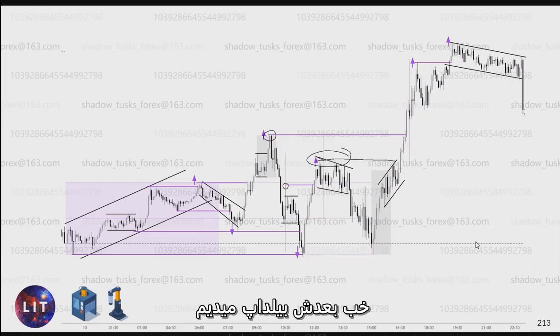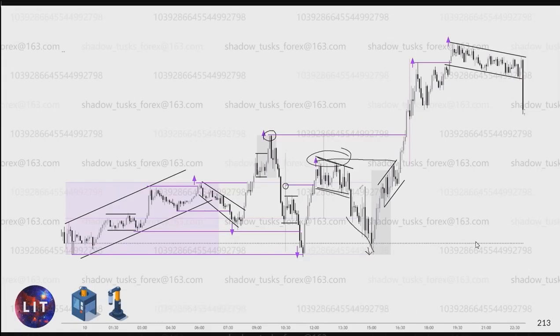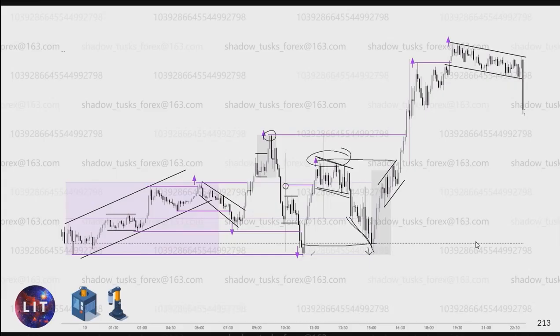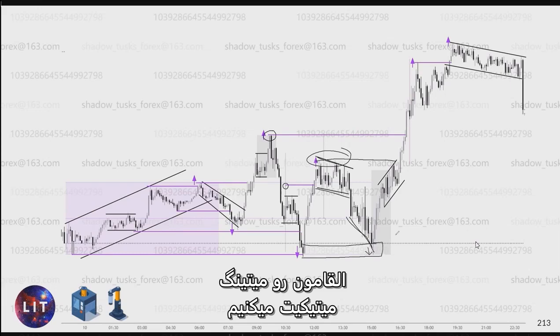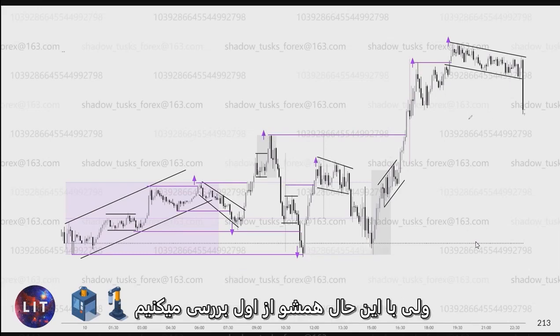So then we give build up into inducement to the downside of this channel. You see this channel here, we're inducing that to the downside. And what are we doing? Mitigating our inducement. That's for a bit later on, and that's a later step, but still, then we see it all over again.